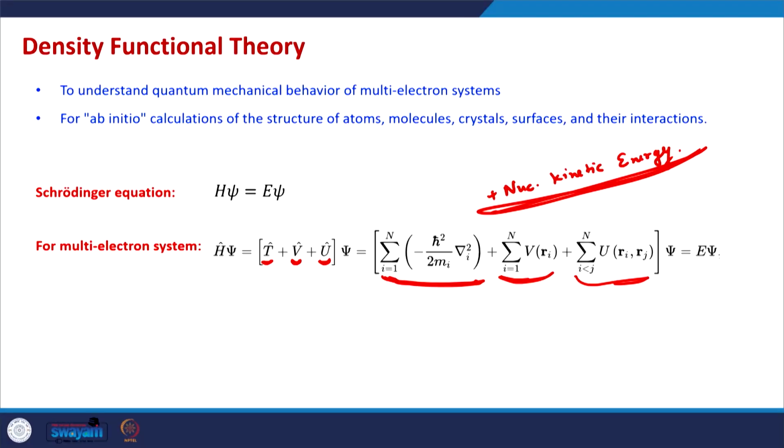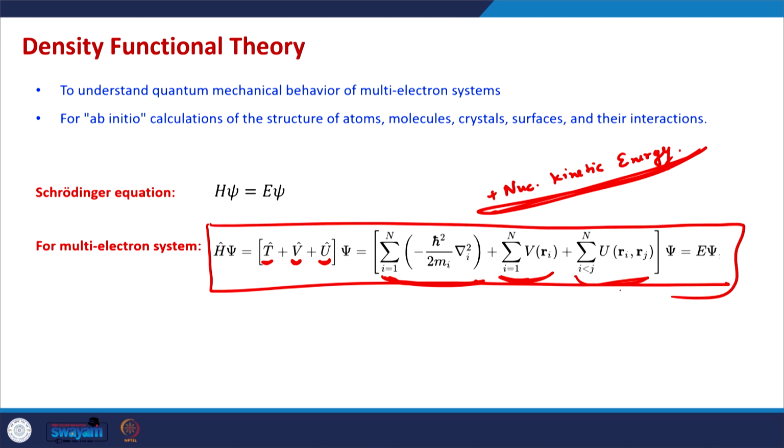So their kinetic energy is assumed to be negligible. And if we are only interested in the electronic structure, these are the three components of electronic energy that we need to consider. One is the kinetic energy of electrons given by the kinetic energy operator. Second is the electronic interaction with nuclei given by this electrostatic potential V. Third is the electron-electron interaction given by the electrostatic potential energy U.